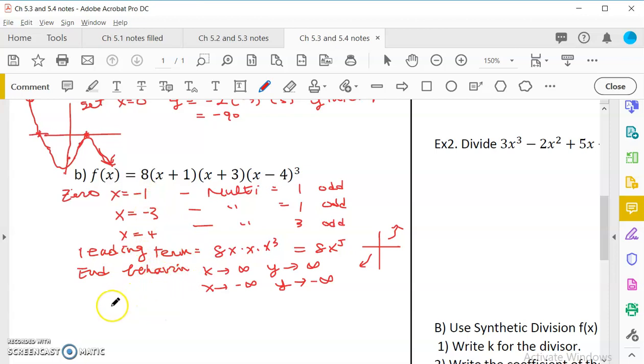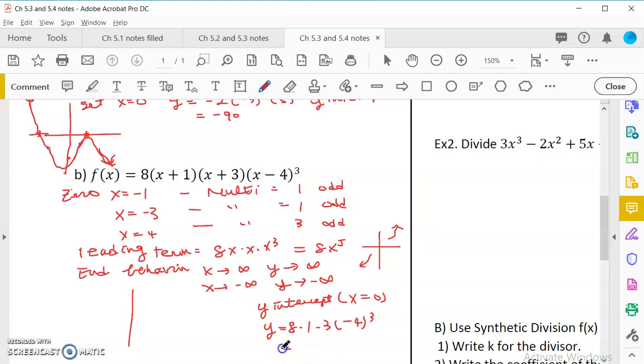So let's graph it now. Oh, we have to do the y-intercept. Y-intercept, it is just plug in x equal to 0, right? X equal to 0. So y is equal to 8 times 1 times 3 times -4 cubed.